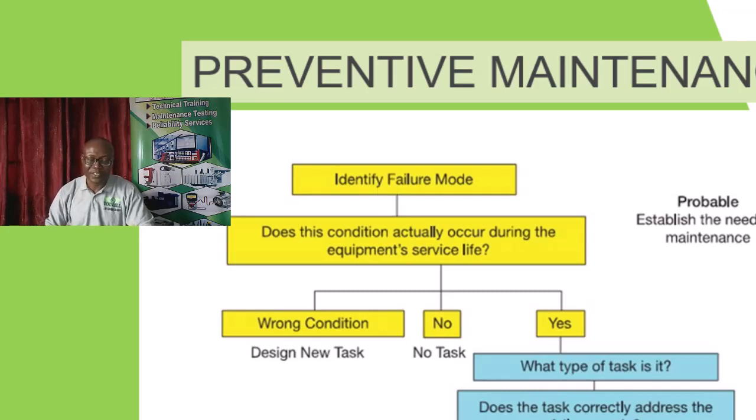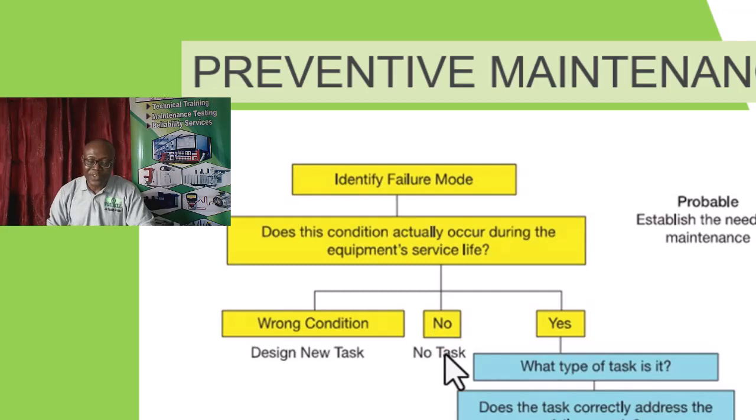So you ask yourself if the failure mode that particular maintenance program is designed for will happen at all in the course of operations of the system or the asset. If it is a yes, we'll come to this later. If it is a no, that means that task needs to be cancelled.